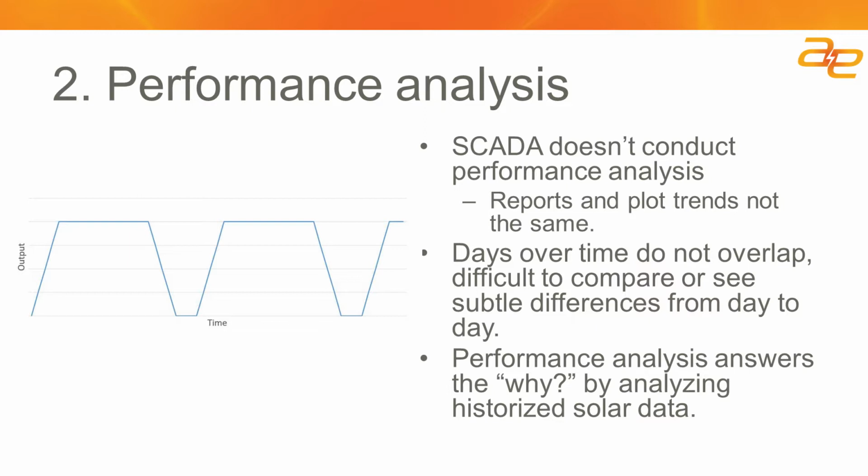So to say that on March 1st of 2018, the inverter energy was this much, on March 1st of 2017, the inverter energy was this much, that might not be an accurate comparison if the temperature or the irradiance was different. So you might want to try to find a day within a week ahead of or behind a particular date to find similar ambient temperature and similar irradiance conditions in order to make a more valuable comparison.